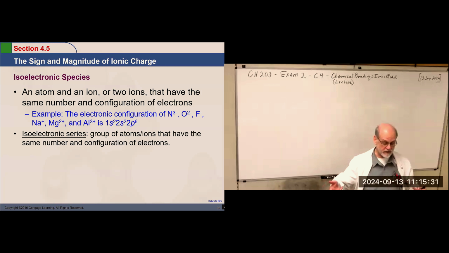And here's an example. The ions of nitrogen, oxygen, fluorine, sodium, magnesium, and aluminum all have the same electronic structure as, let's see, that would be neon.